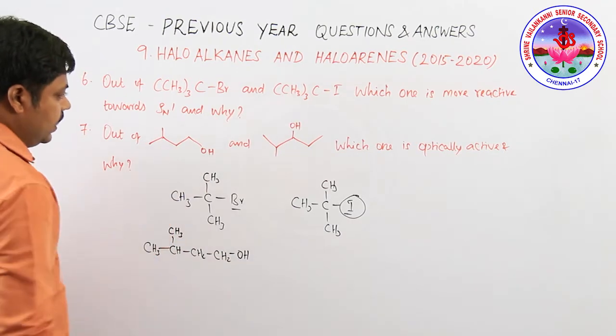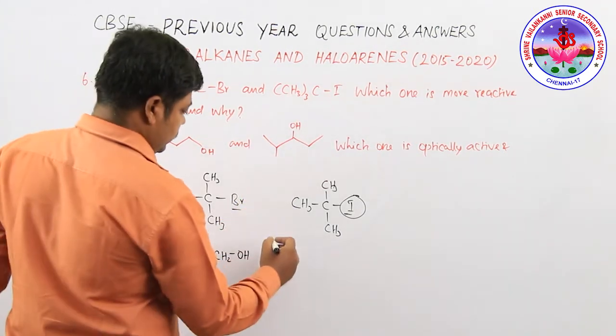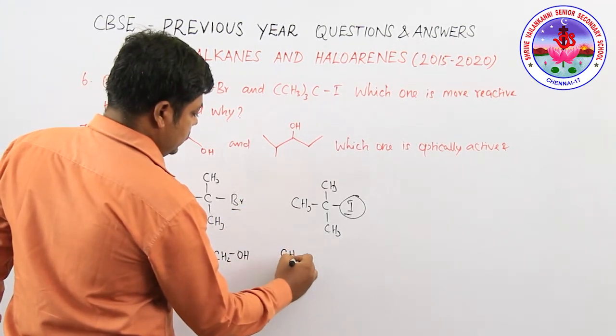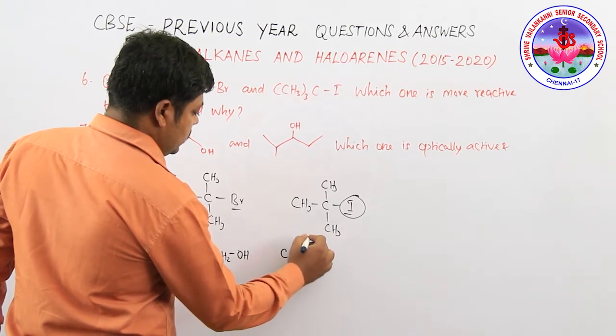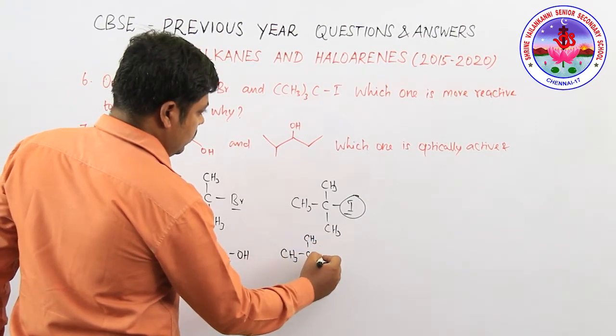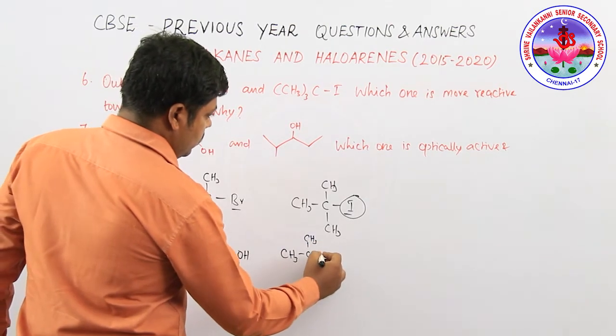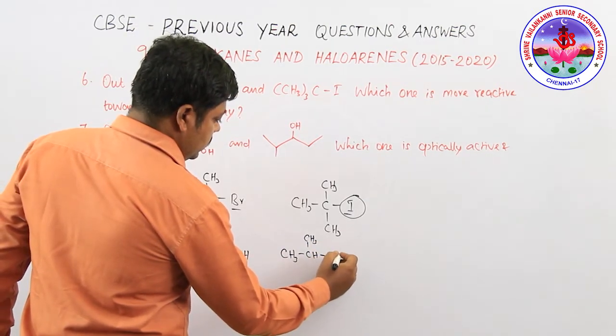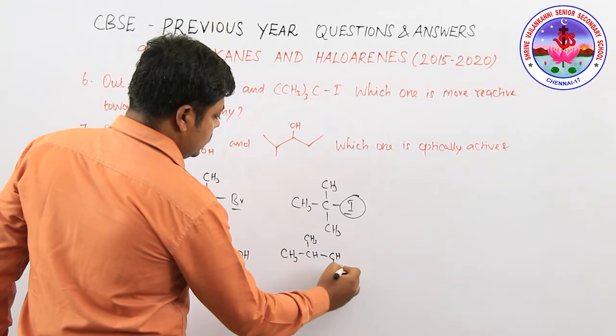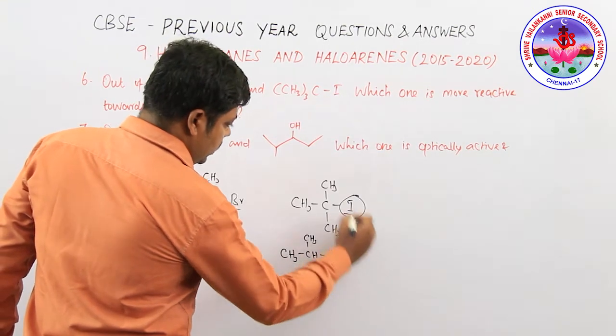And this structure is CH3, CH3, then CH, OH and CH3.